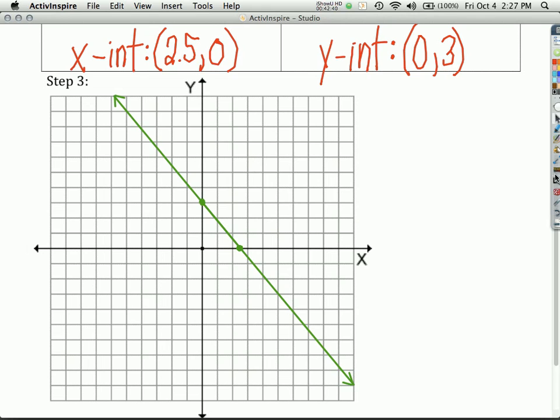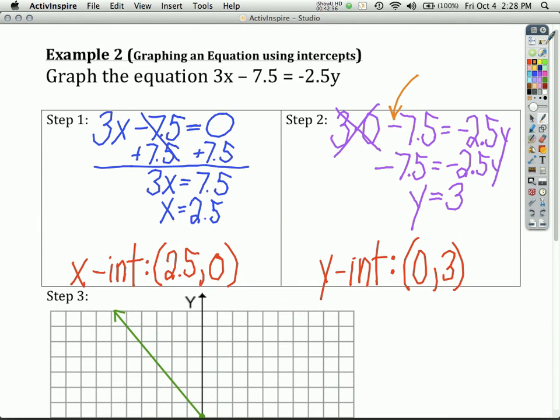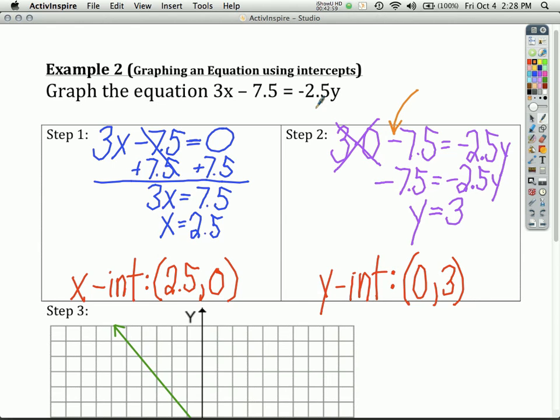Does anyone have any questions on how we constructed this graph, where we got the points from, anything at all? Okay, one thing I want to remind you of is that what we just did was we represented all of the solutions to this equation in graphical format. So if I pick this point right here, and I get the coordinates, and I plug them in, that will give me a true statement.